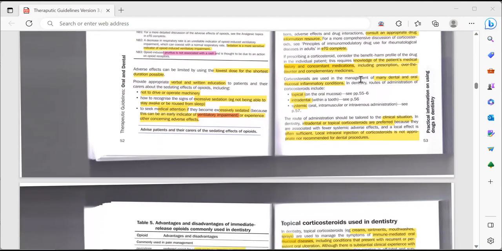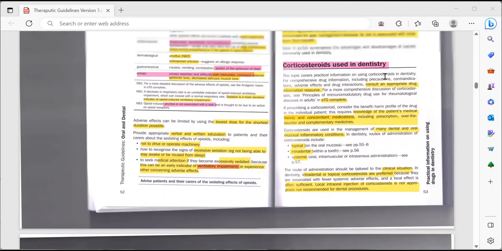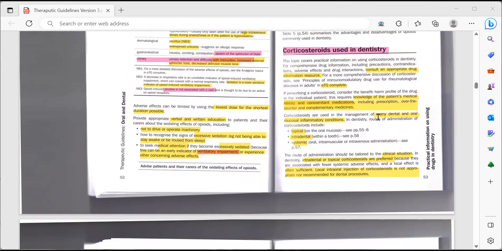So corticosteroids are used in the management of many dental and oral mucosal inflammatory conditions because they act as anti-inflammatory. The routes which are available are topical, intradental and systemic.